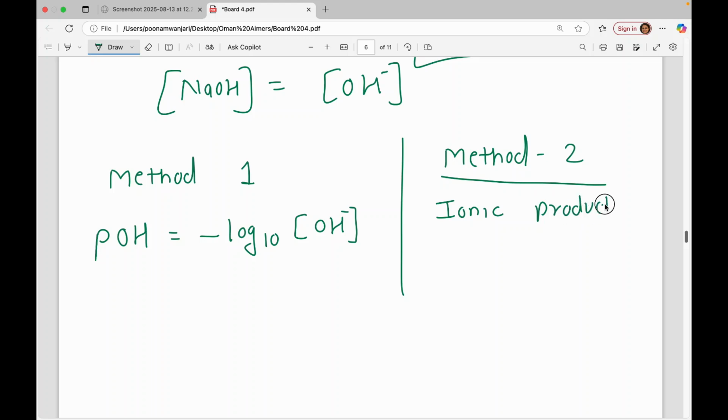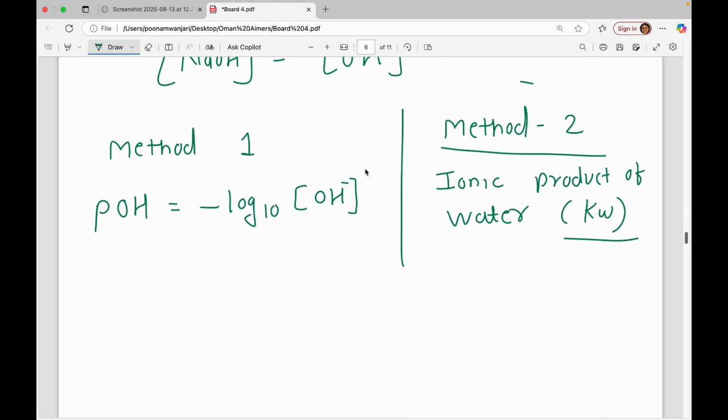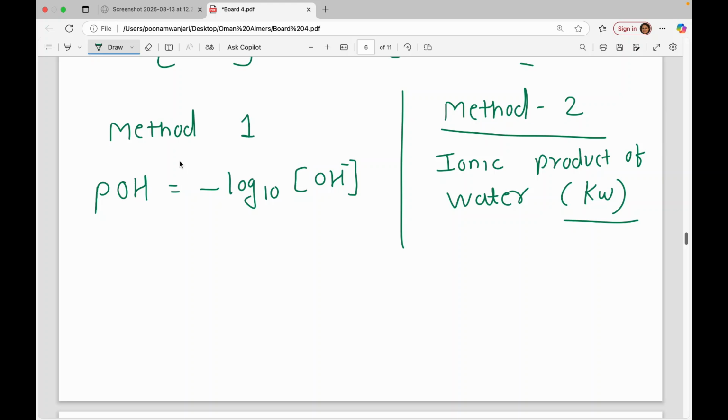Ionic product of water means its dissociation constant, or we call it the autoionization constant. We will discuss in detail. That is Kw. Both methods are applicable, but generally in the syllabus they provide the ionic product of water, and from that ionic product we need to calculate pH or the concentration of hydroxyl ions. But students, for our convenience, we will discuss both methods.